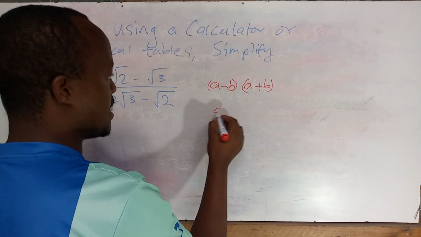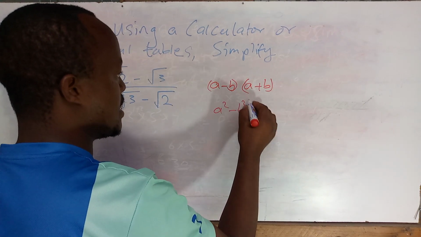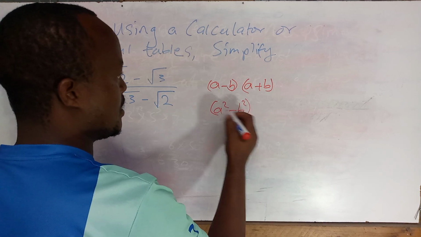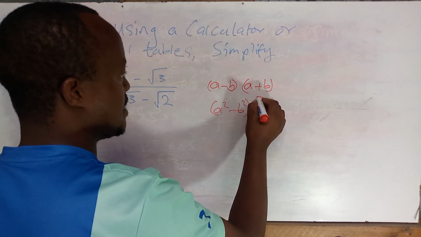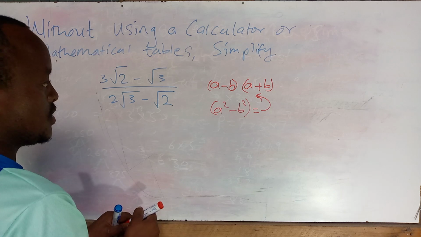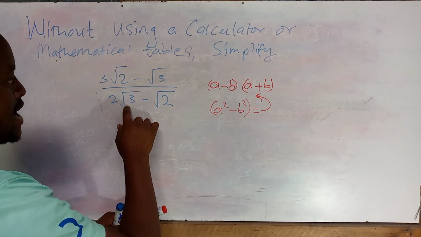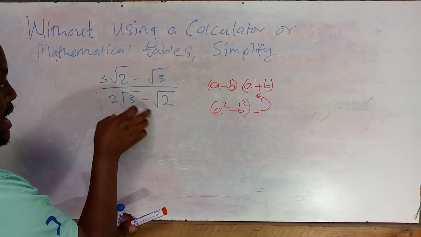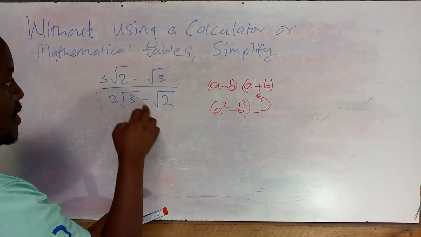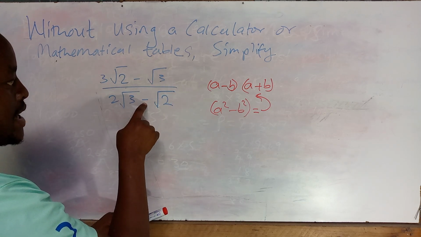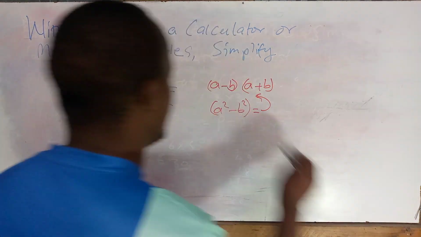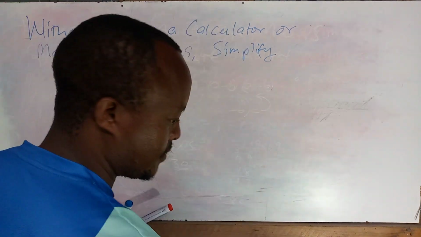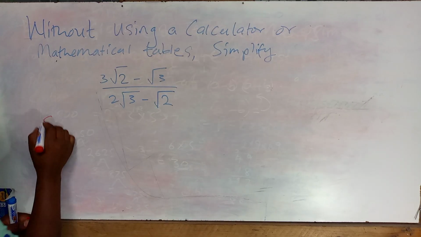We know very well what a squared minus b squared was giving us above. So rationalization now means that you multiply the denominator by this factor here, changing the sign to be positive. Now, this is how to go about it.